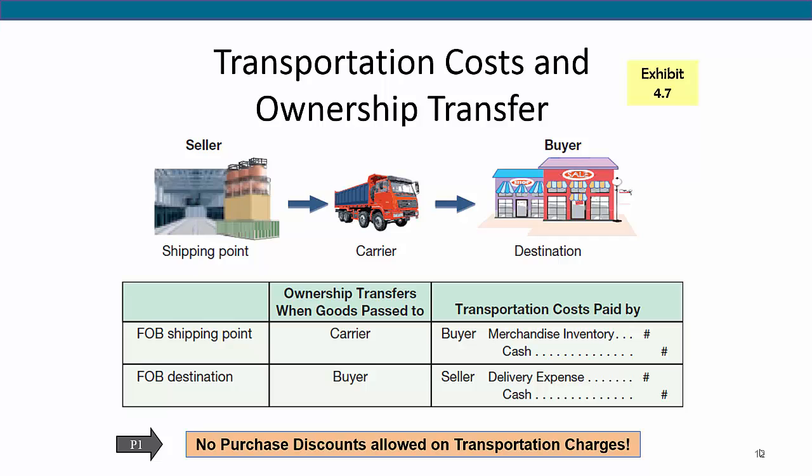Now, on the other hand, if the shipping terms are free on board destination, FOB destination, that means that ownership transfers from the seller to the buyer when the buyer receives the goods, when they take possession at their place of business. It also means that the seller will pay for the transportation cost and no entry is made on the seller's books. So please spend a little time making sure you understand how these rules of ownership transfer really work.